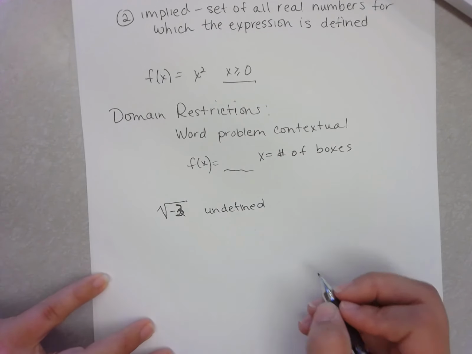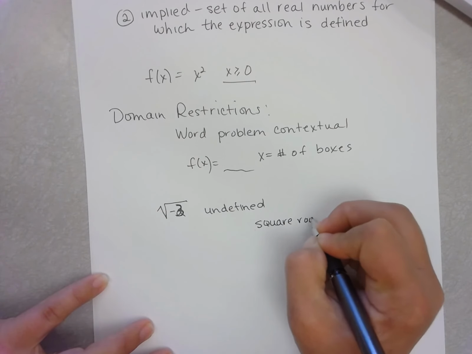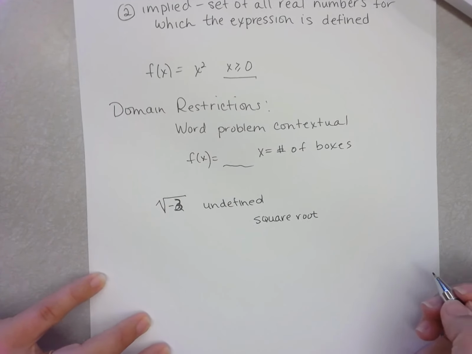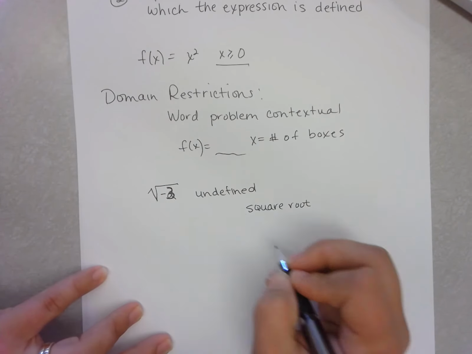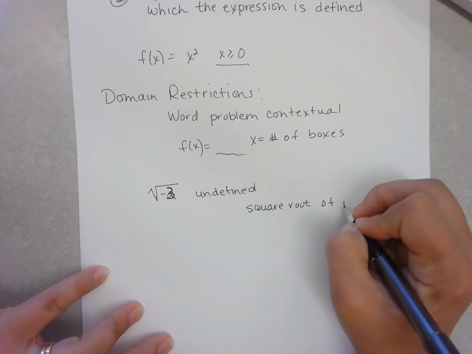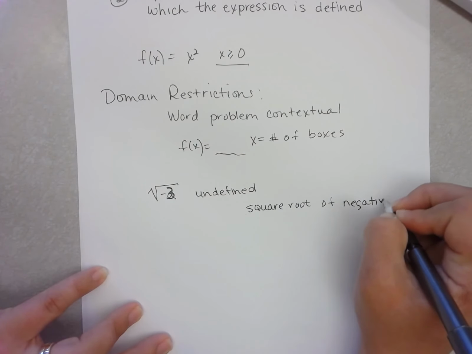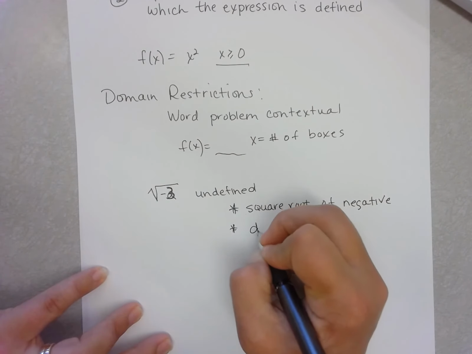So whenever I see something with a square root in it, or any sort of root, I always want to look at it really closely. We'll explain how we're going to do this more specifically. And another situation that we've talked about already is division by 0, which is another undefined. So taking the square root of a negative number is one possible thing that will give us a domain restriction. The other one is division by 0.